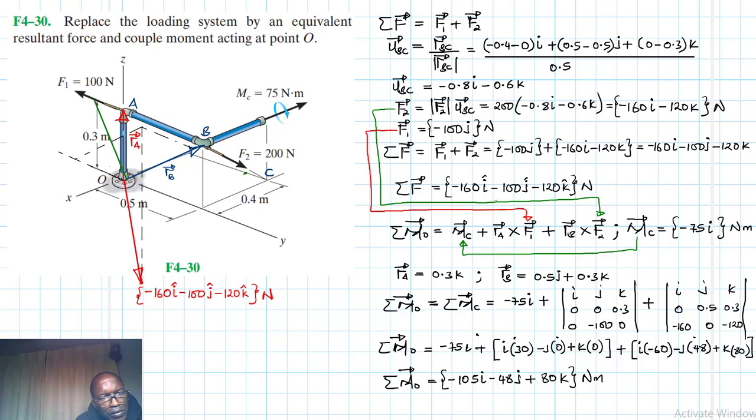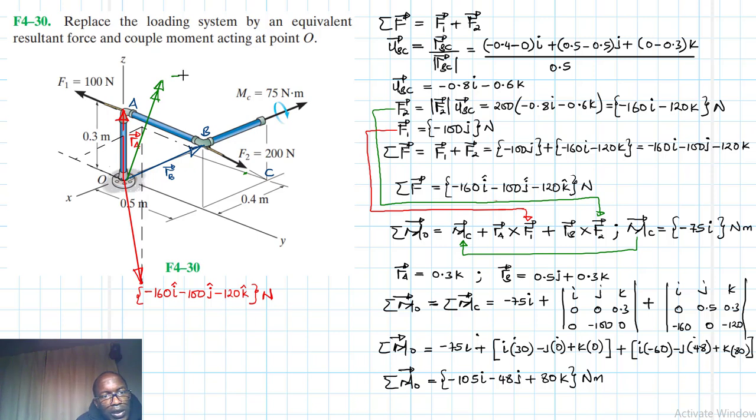Alright, let's just put it something like this. This is just an approximate. These are not exact values. They're just showing the would-be direction. Okay, so that is our moment.